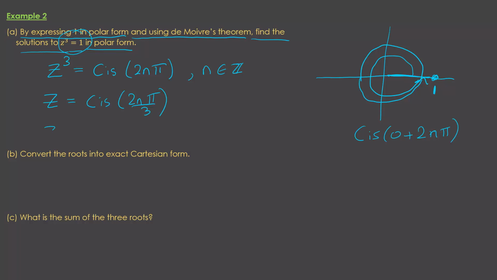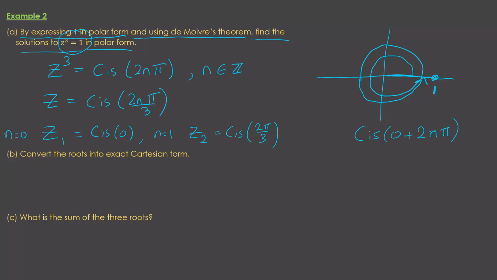So the n equals 0 situation, let's call this one z1, is cis 0. The n equals 1 situation, let's call that one z2, is going to be cis 2π by 3.